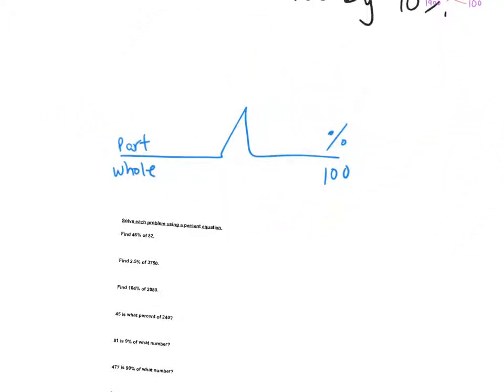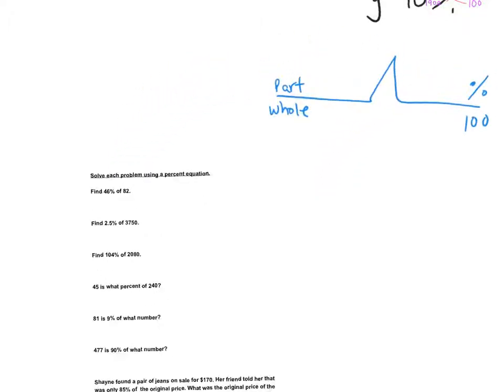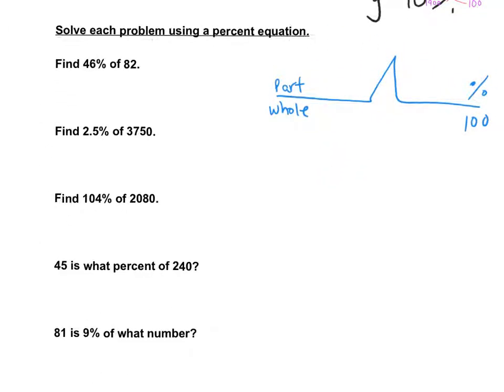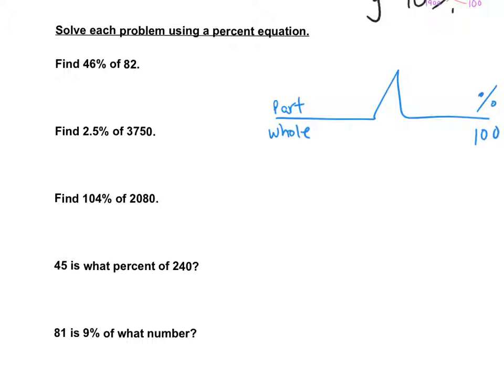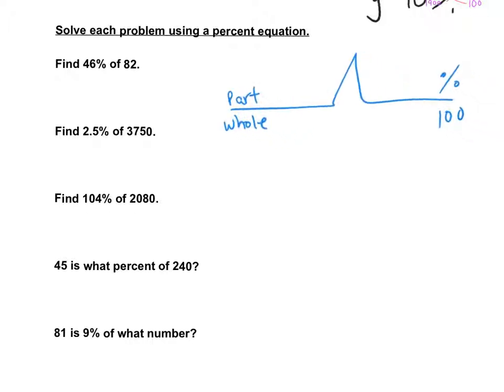Now let's look at the questions that are going to be very similar to the ones on the test. It says solve using a percent equation. Well, a proportion can be an equation, so we're going to write those. This part here is the really important thing. It wants to know what 46% of 82 is. So initially, at the very beginning, 46% immediately goes there because it's 46%.